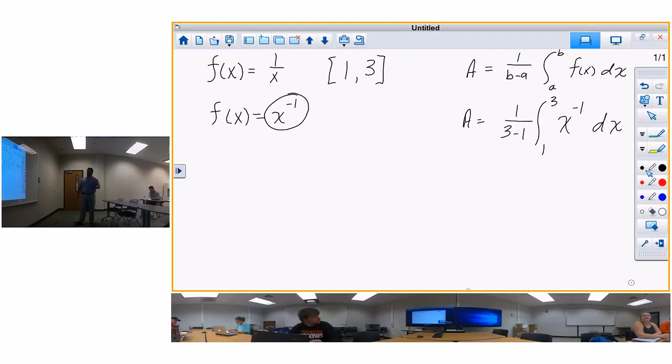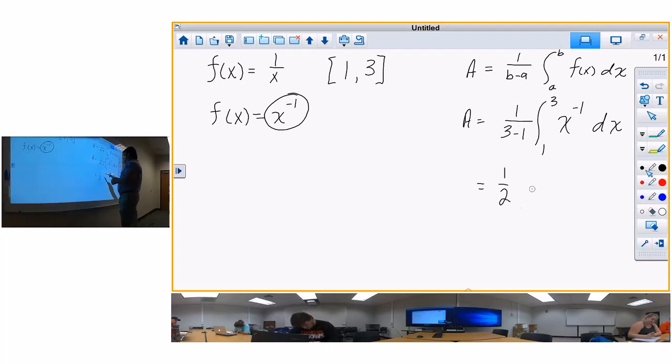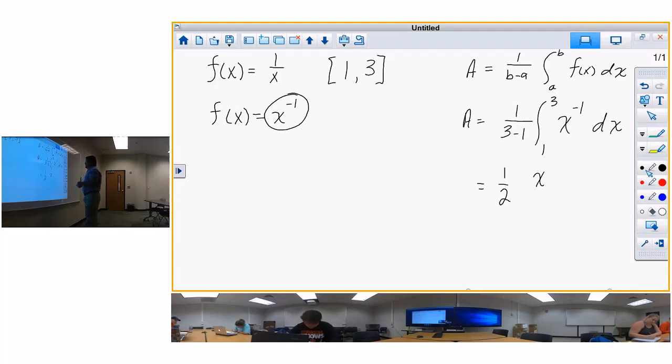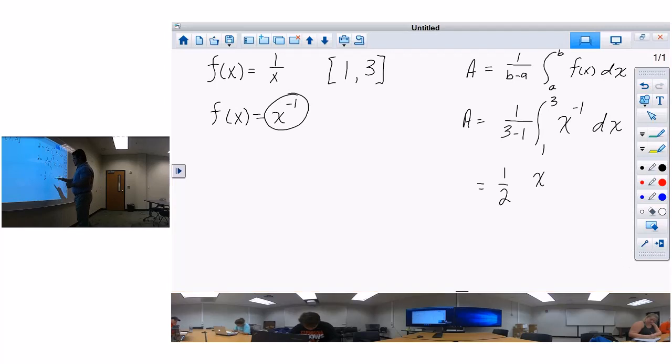Now it's when you're supposed to be saying, oh yeah, I remember doing this last week. Good. So equals 1/2, and that's going to be x to the what? Well, this is 1 over x. What is the antiderivative of 1 over x? Natural log of x.